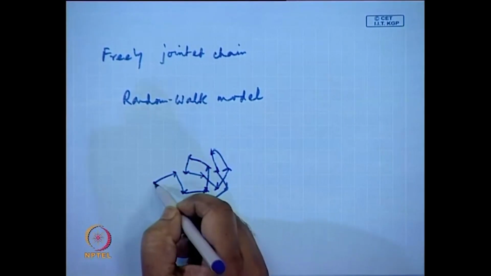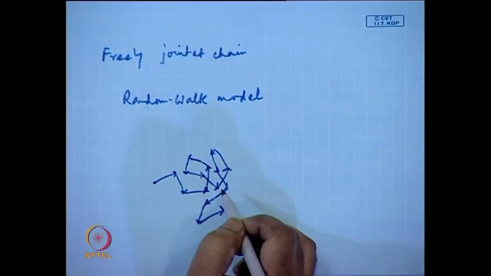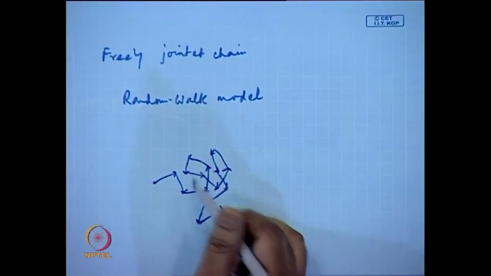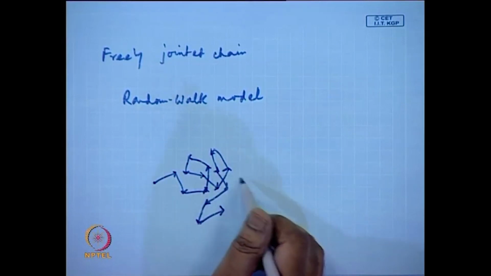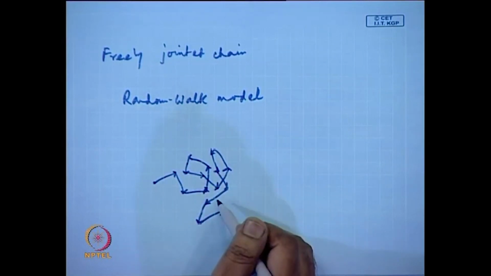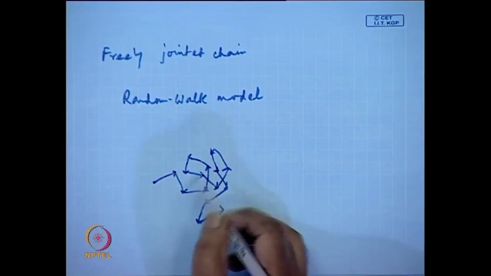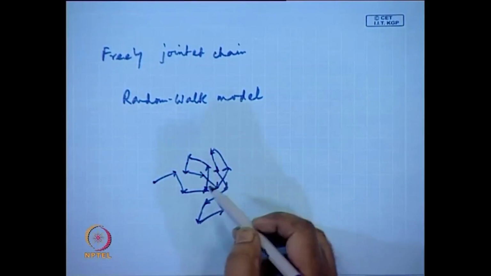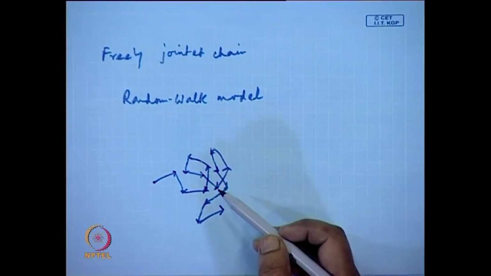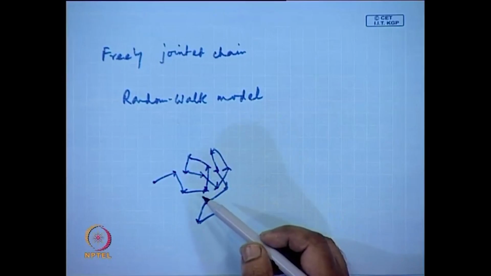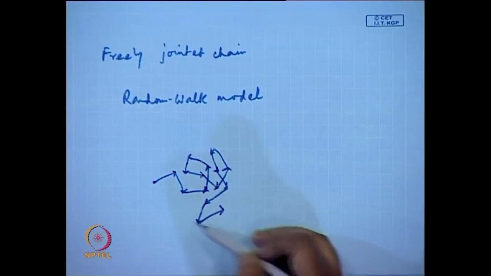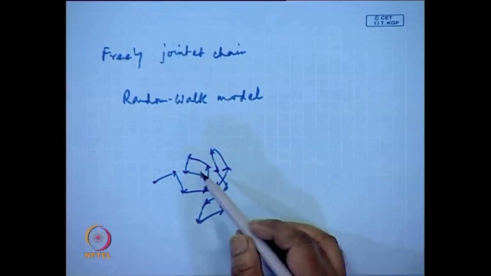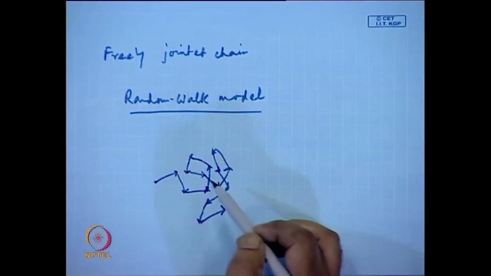You start from one end and continually add further bonds in a 3D space. We are just showing a 2D picture here, but imagine this in three dimensions. So, this is how the random walk model is designed.